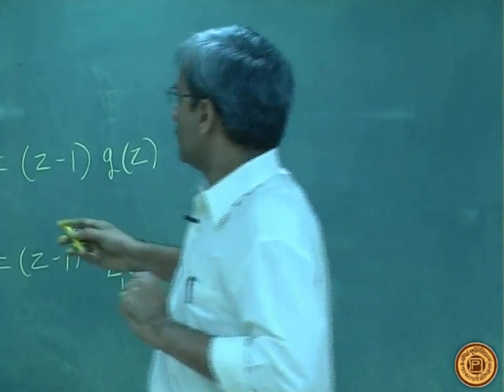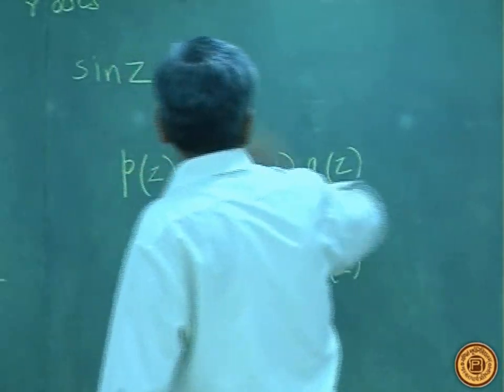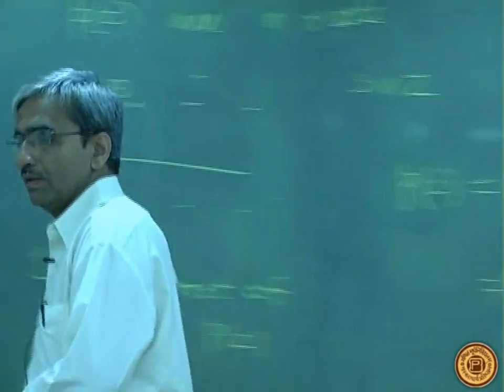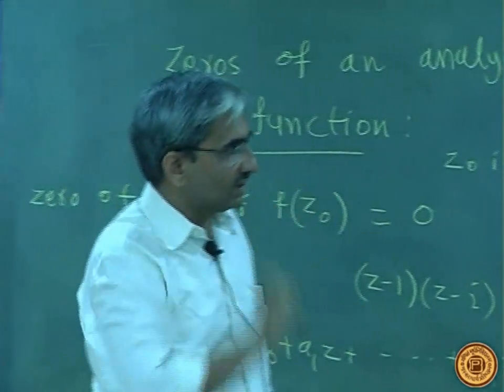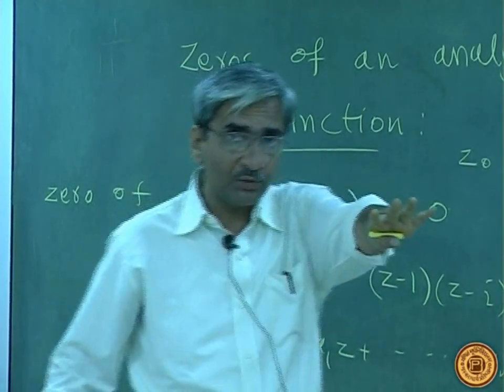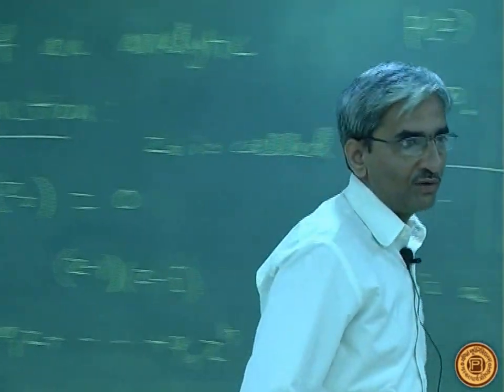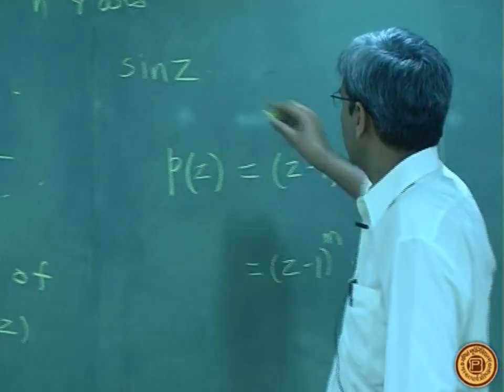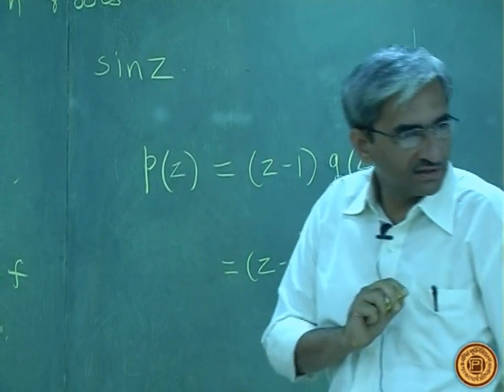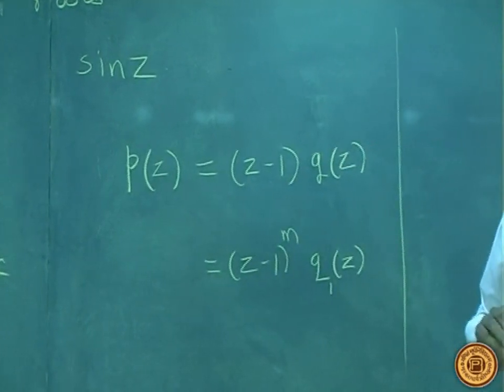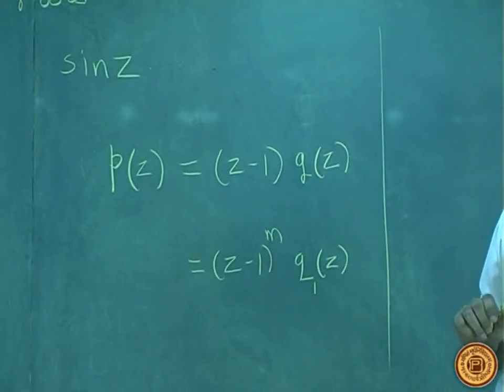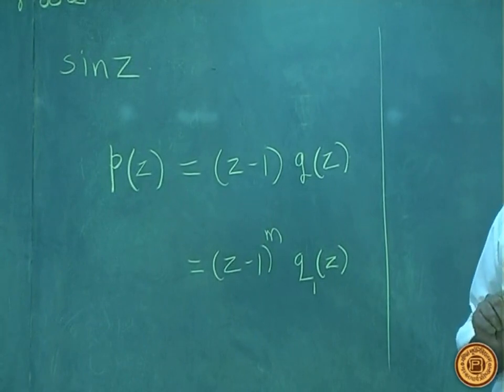Alright, so let us go to, what are the zeros of sin z? Now let us go from a polynomial to another analytic function. What will happen to sin z? What are zeros of this? 0 is a zero, and pi.